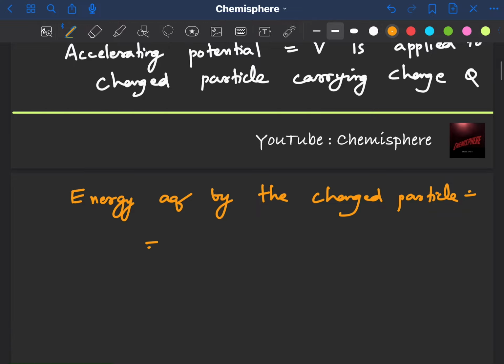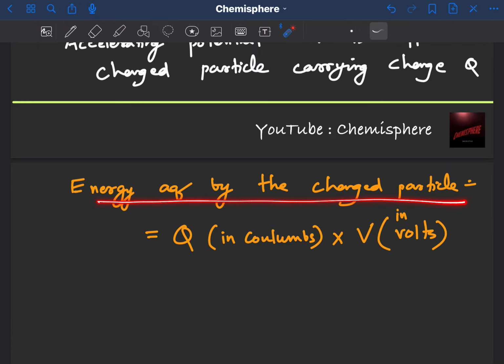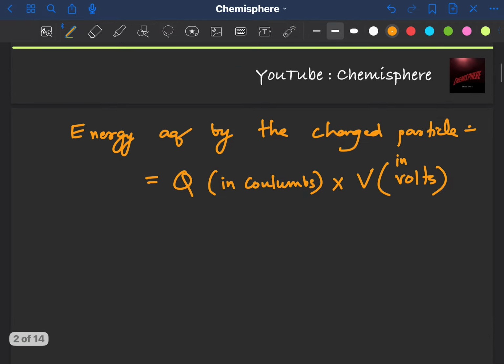So it is going to be Q in coulombs into V, that is the potential in volts. And this is the energy of the charged particle, and this energy will ultimately become the kinetic energy of the particle. Because of the potential, this is equal to the kinetic energy of the charged particle.